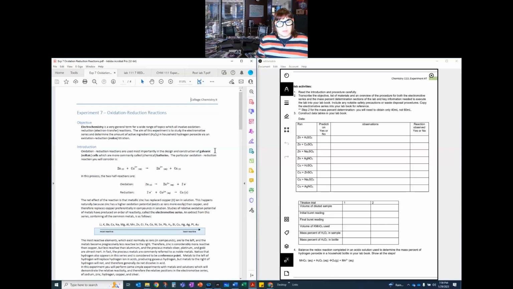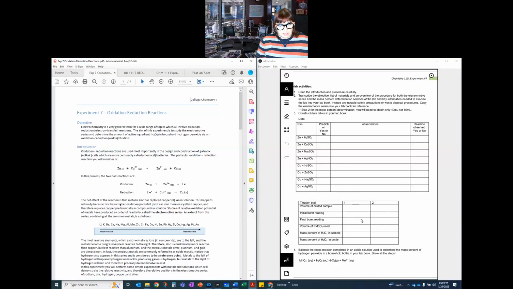We expect zinc to be able to react with some of these things: sulfuric acid, copper sulfate, and silver sulfate, copper, sulfuric acid, zinc sulfate. There's a place for us to put relations and what's the reaction?